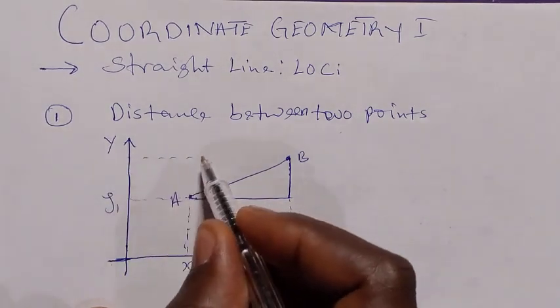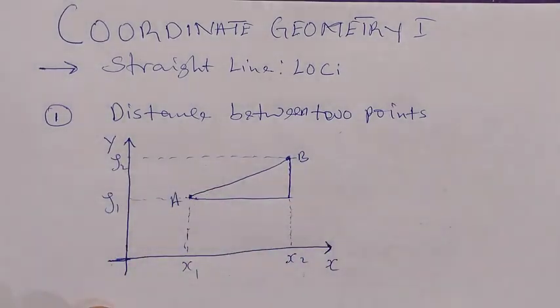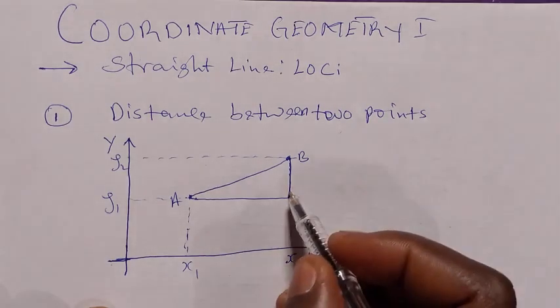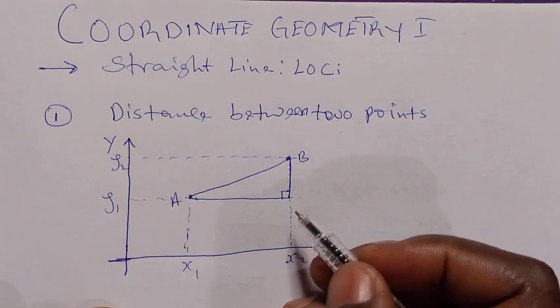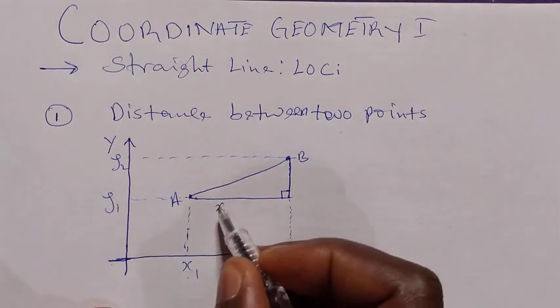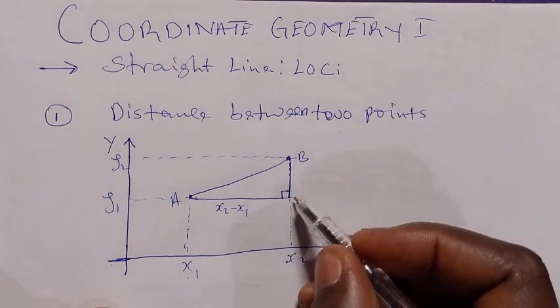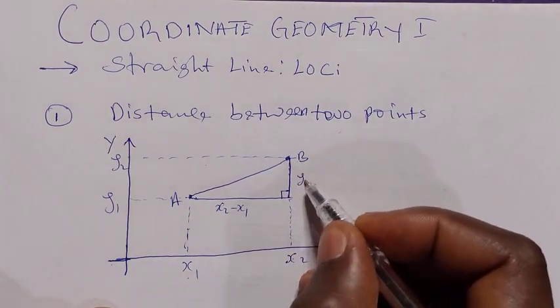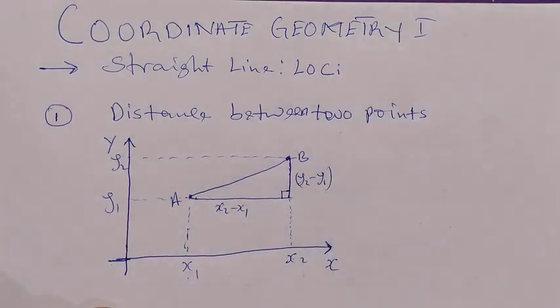The same thing here, this is y2. By implication, you see that this made a right angle triangle here. So from here to here is x2 minus x1. The same thing from this to this is y2 minus y1. That's the height.